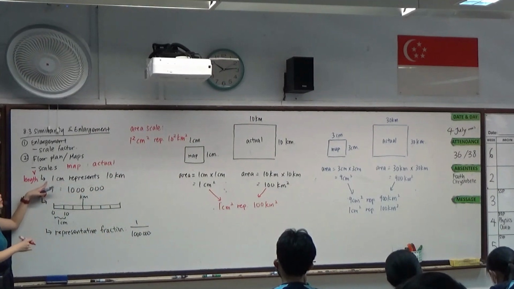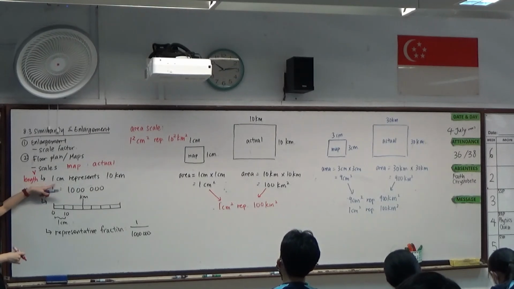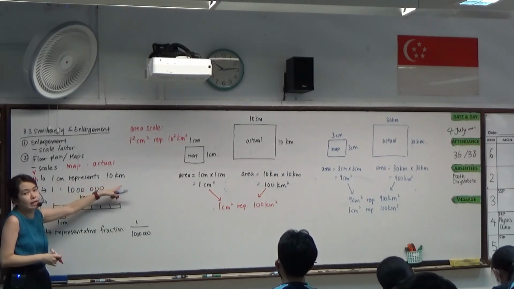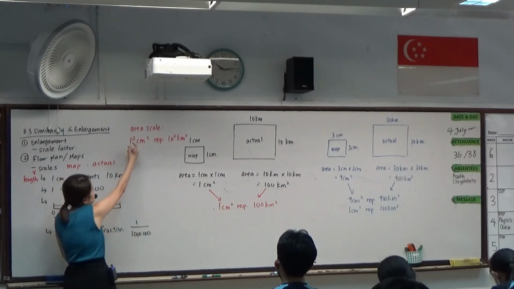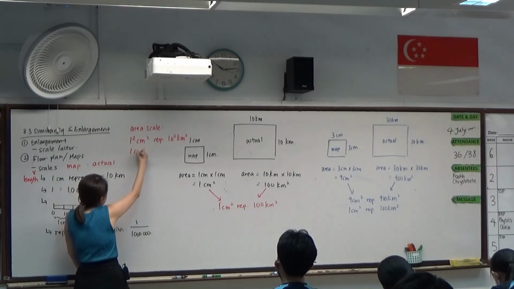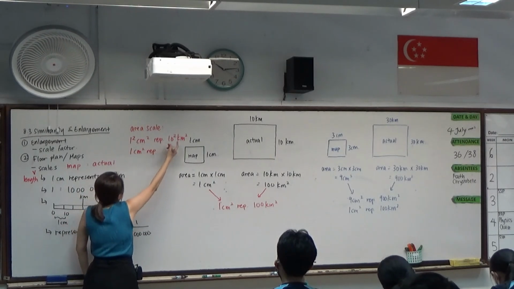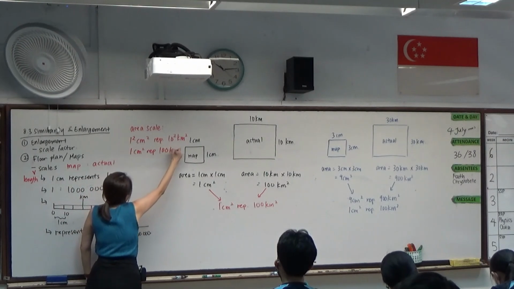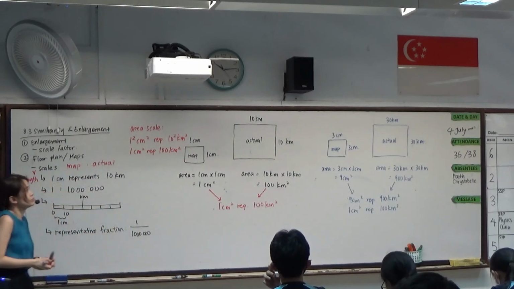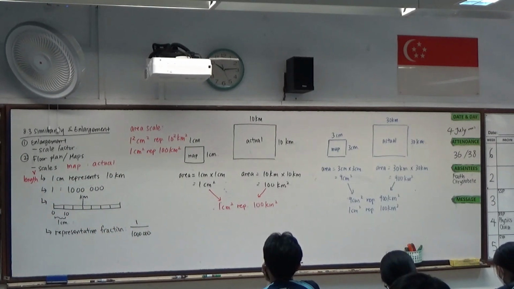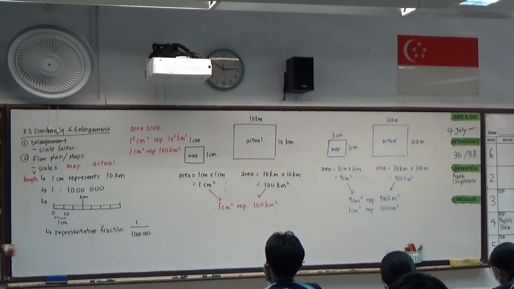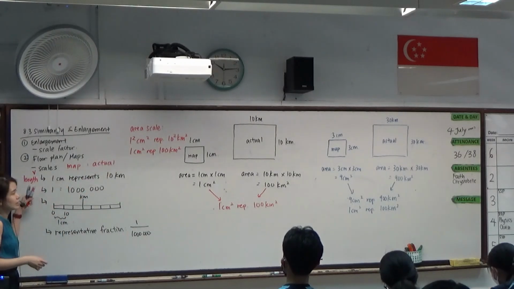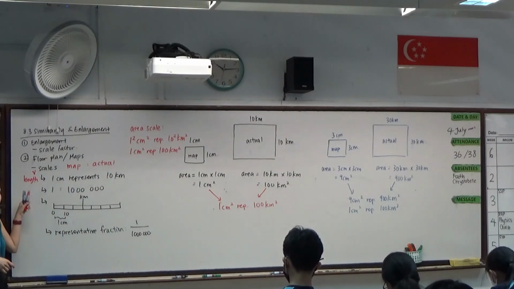I square it, so I get 1 squared cm squared representing 10 squared km squared, because 1 times 1 is 1, and 10 times 10 is 100. That is how we achieve the area scale from the length scale for our calculation.